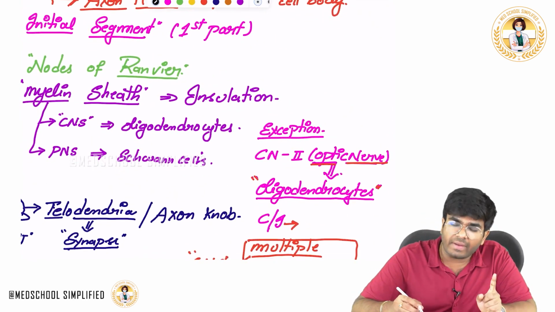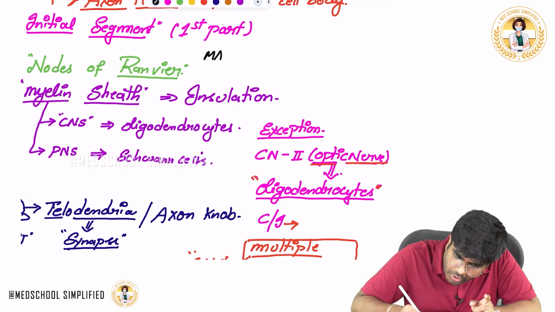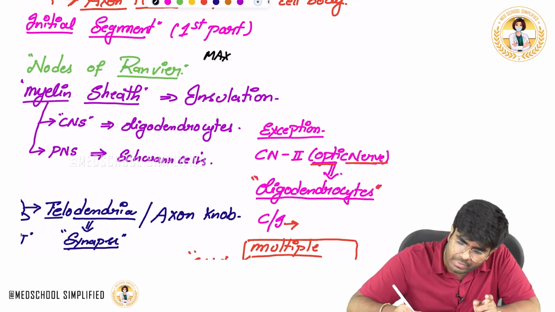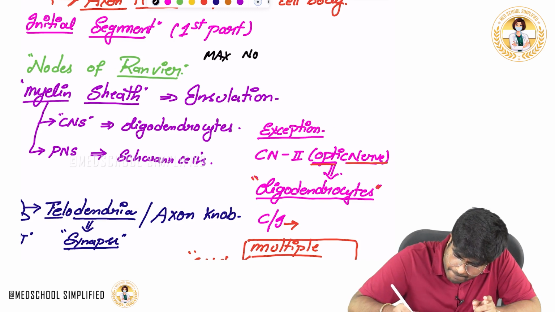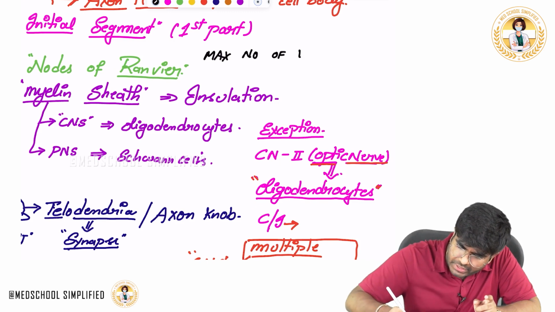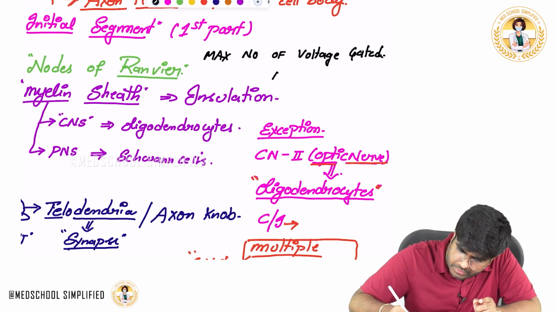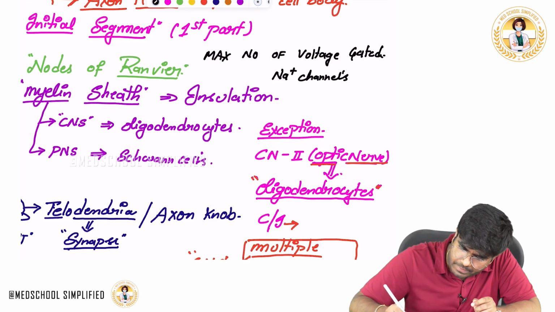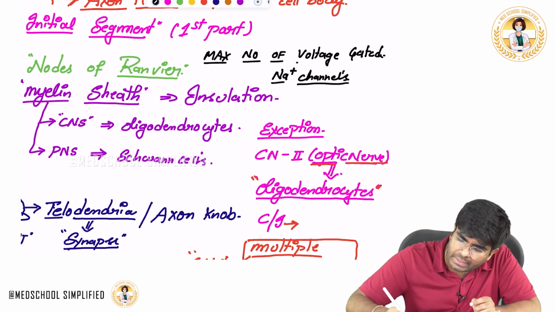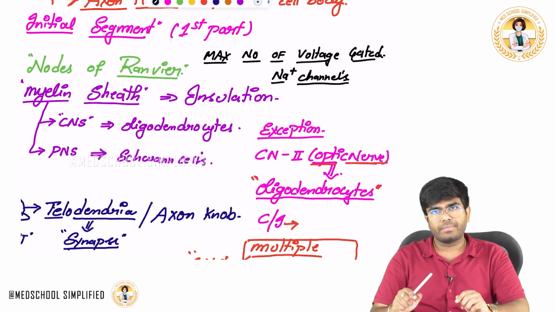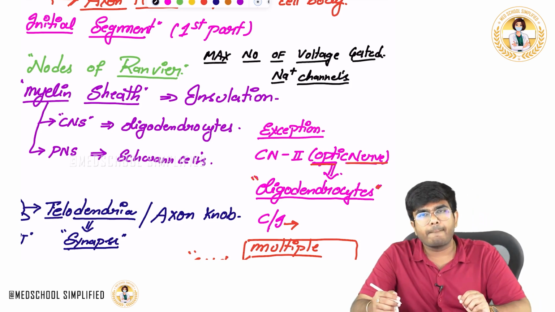So in the nodes of Ranvier, the maximum number of voltage gated sodium channels are present. So in the nodes of Ranvier, the electrical impulse is being transmitted. The conduction is happening.